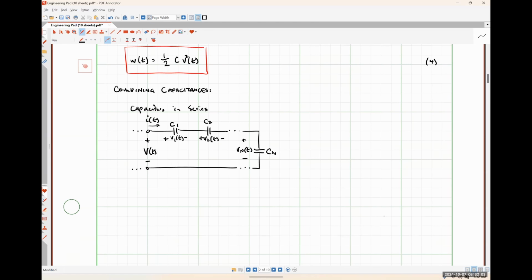Applying Kirchhoff's voltage law around this loop, we would have our total voltage V is simply the sum of our individual capacitor voltages.